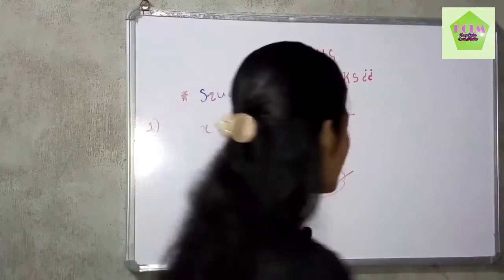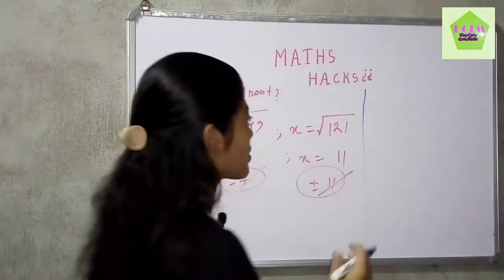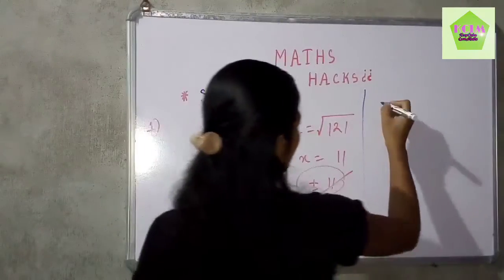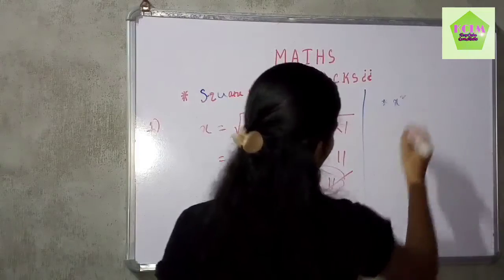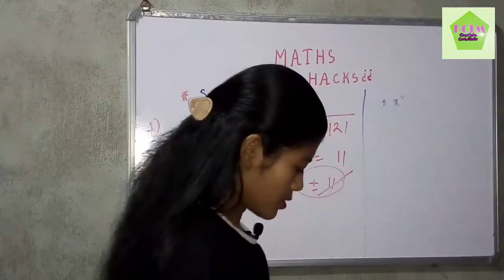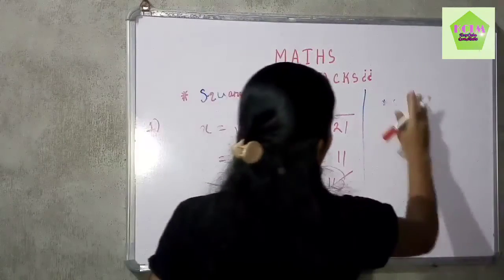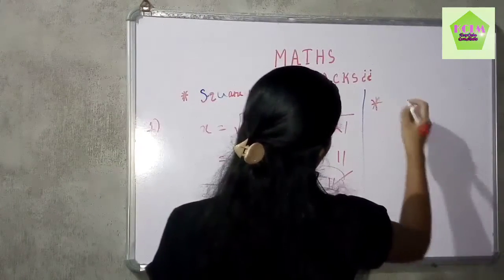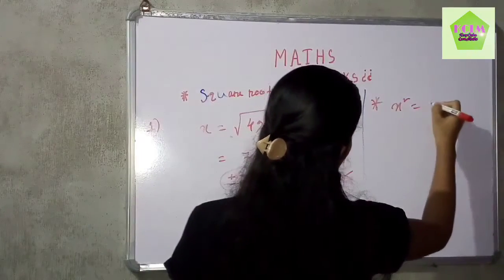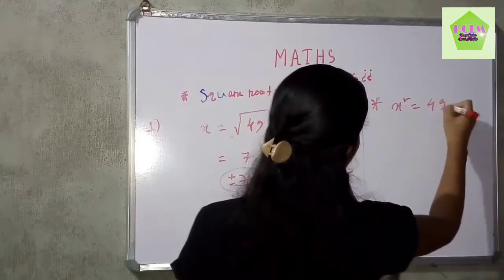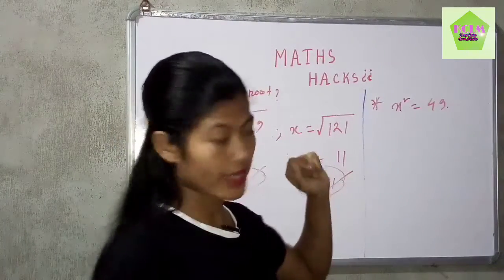But yes, there is a place for writing the plus minus sign in front of a number. How? Suppose we are given that x squared equals 49.